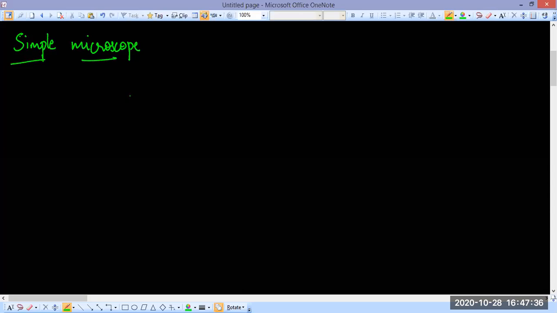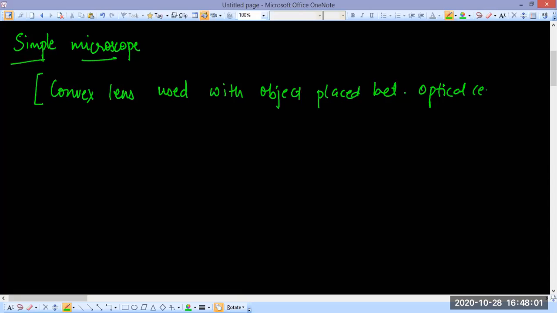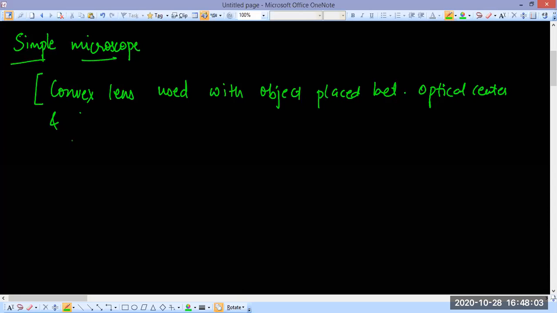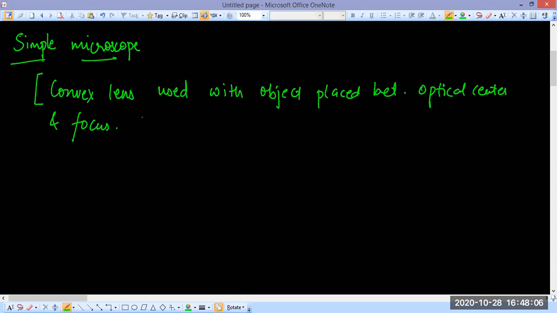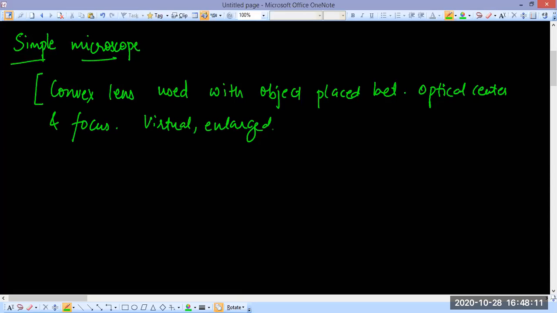Okay, so what is a simple microscope, right? I'll write it in short. Simple microscope is a convex lens used with the object placed between optical center and focus. So a virtual, enlarged and erect image is obtained.